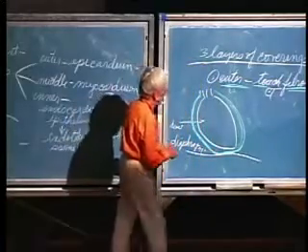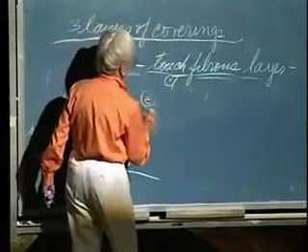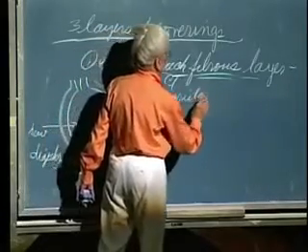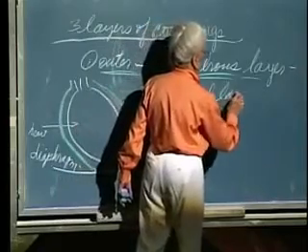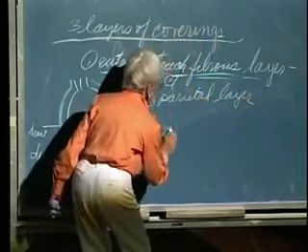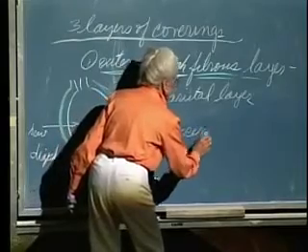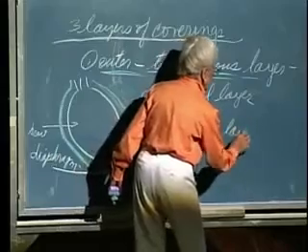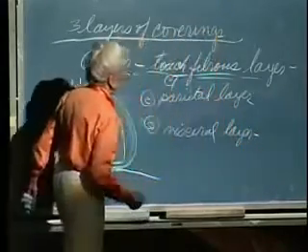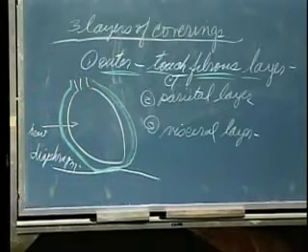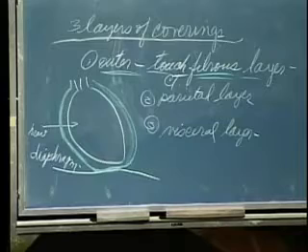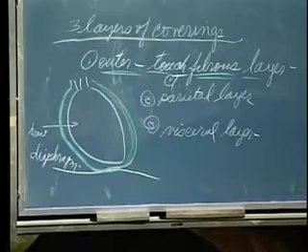Then the other layers, 2 and 3. This one is the parietal layer. And this one is the visceral layer. These are terms we introduced in the first terminology lecture. So the parietal layer means wall.